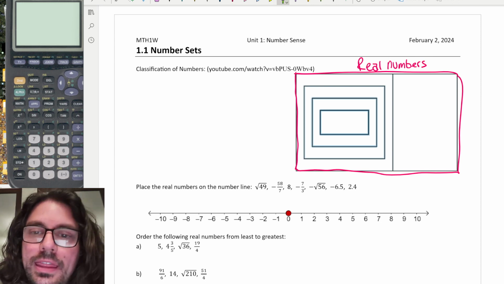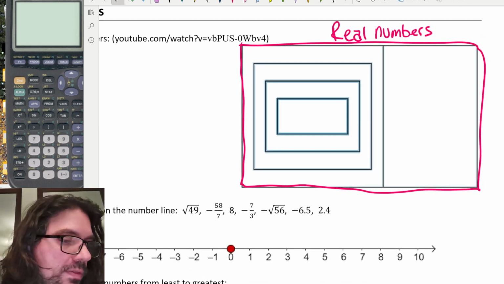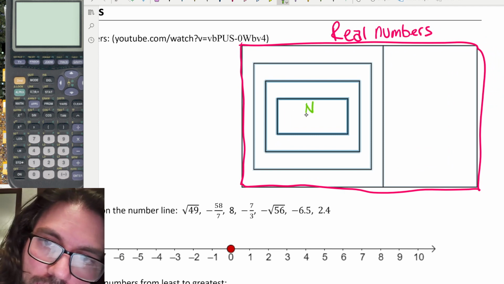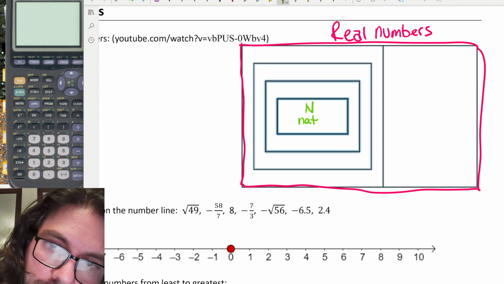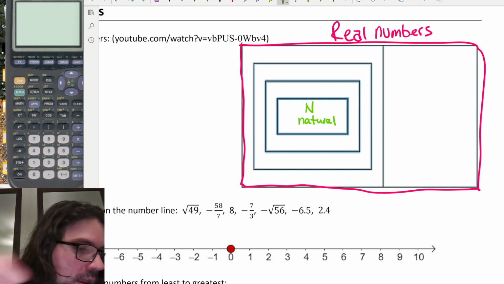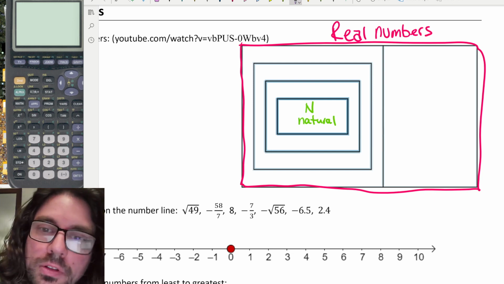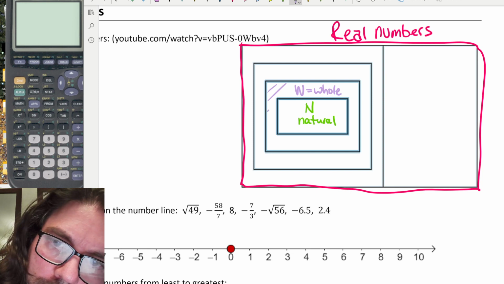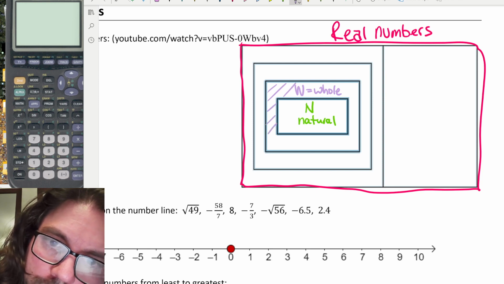But then within that, we've got the different layers, right? So we said we've got the natural numbers, N, and then outside of that, we have what we call the whole numbers, right? And that's this box here.